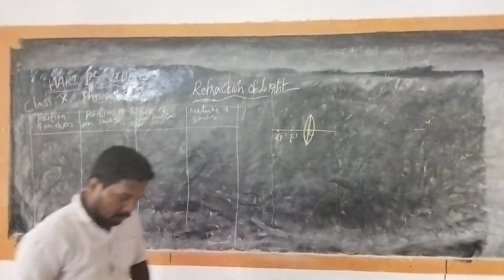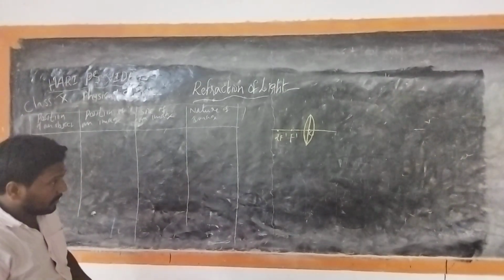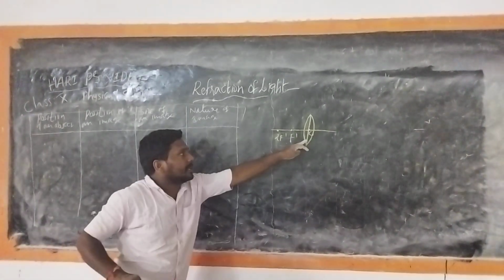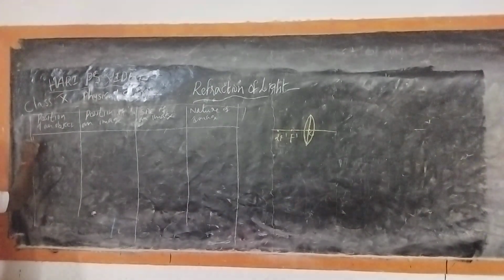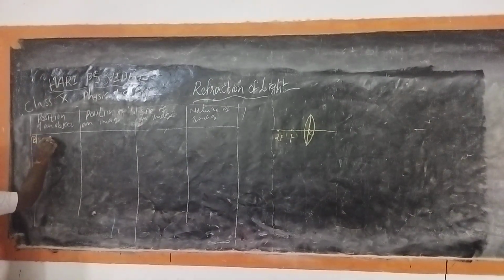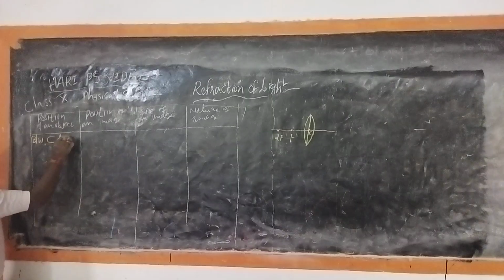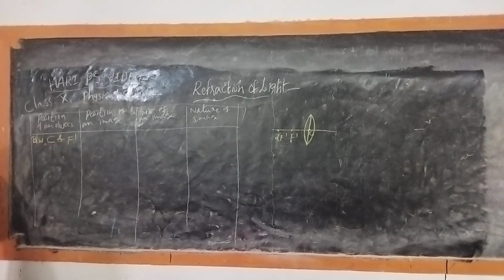So where do we have to place the object first? First one, between the optic center and the focus.